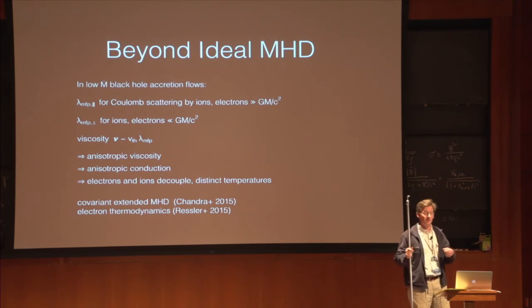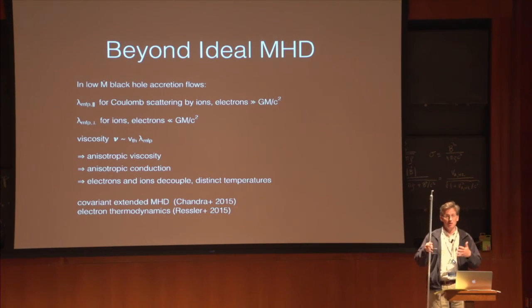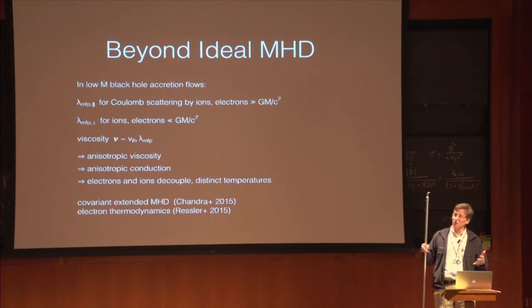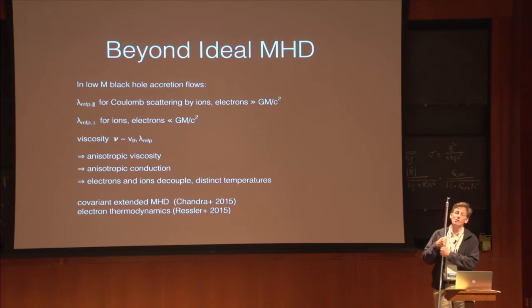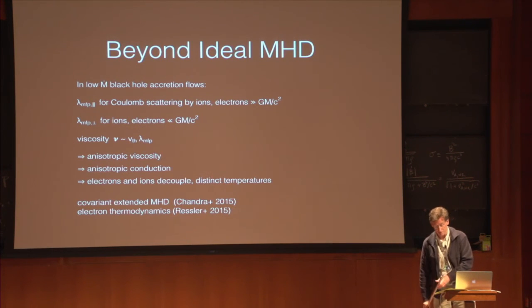Microscopic viscosity. So, for those of you working in disk theory, the first thing that you learn is that microscopic viscosity is small, and that you have to resort to some sort of turbulent transport of momentum, angular momentum. Whereas in these flows, viscosity might be large and provide a non-trivial amount of transport.